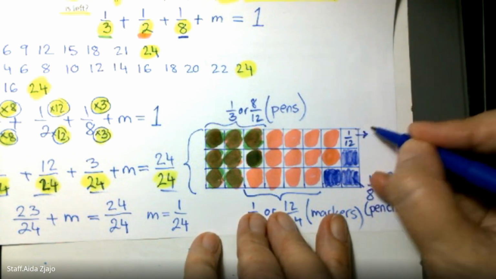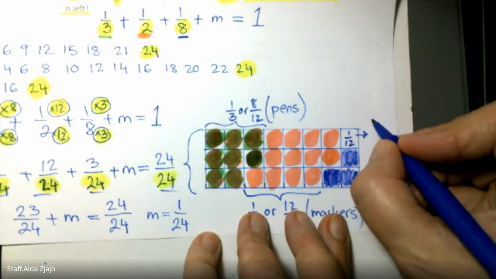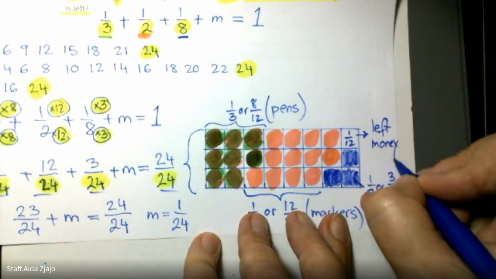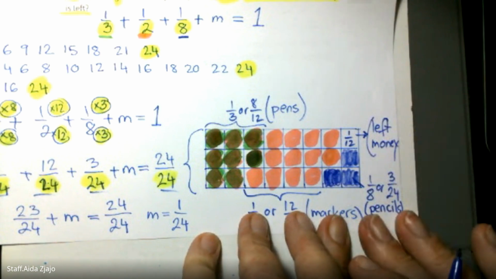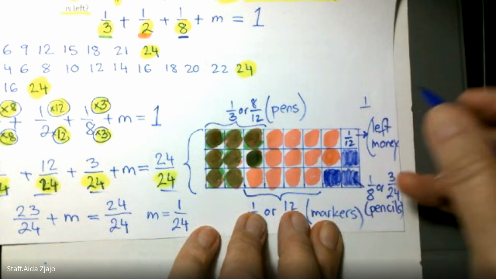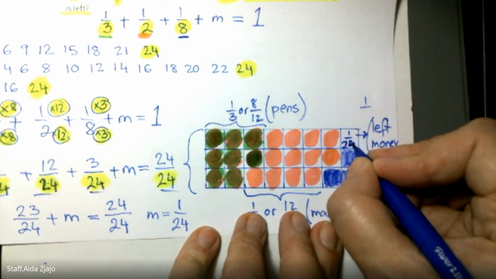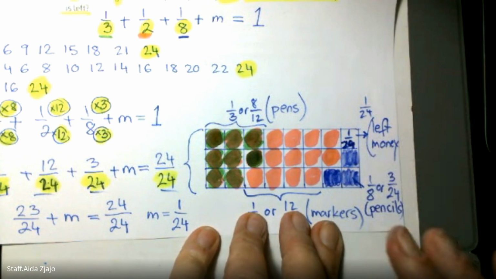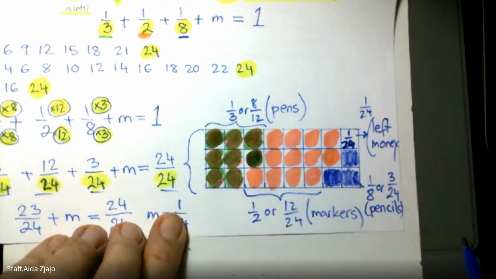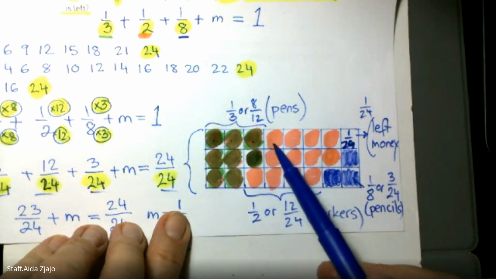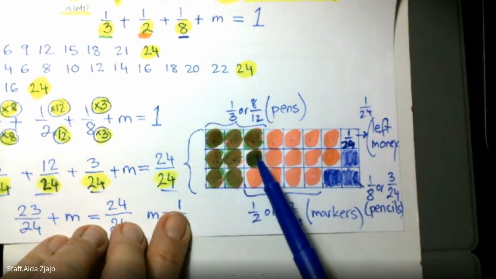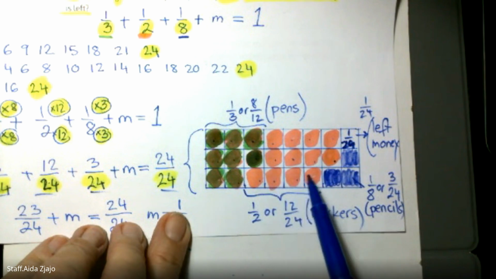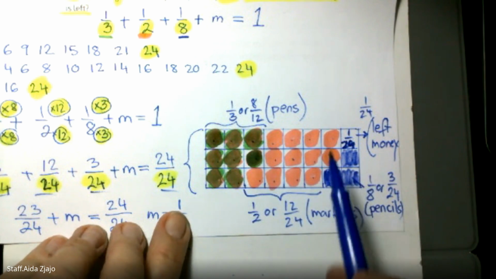And this represents the left money. Left money, 1/24. Sorry, I was writing 1/12, and each is 24 pieces, because 1, 2, 3, 4, 5, 6, 7, 8, 9, 10, 11, 12, 13, 14, 15, 16, 17, 18, 19, 20, 21, 22, 23, 24. 24 pieces.